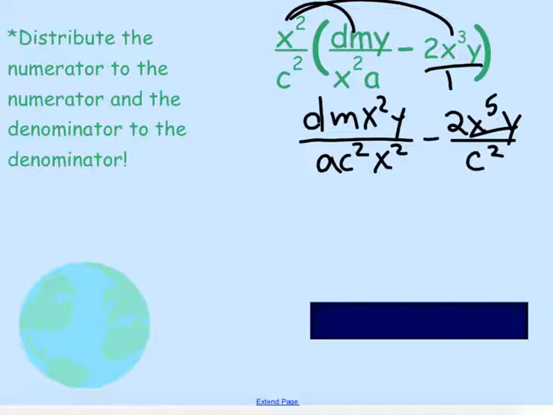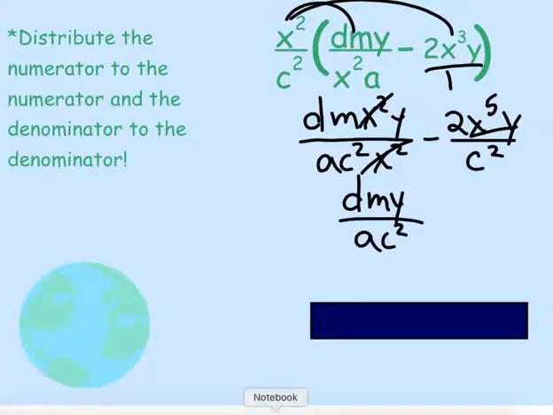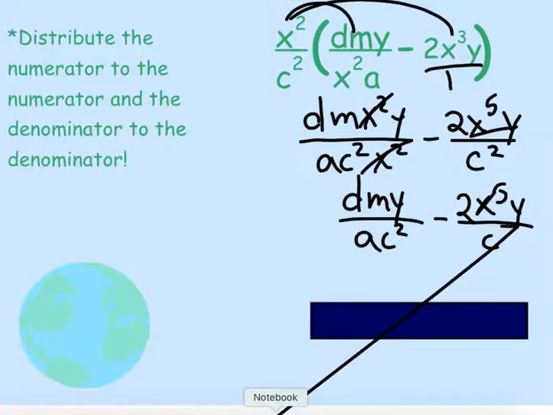That second term doesn't have anything I can simplify, but I can simplify my x squareds in the first one, and so I get d m y over a c squared minus 2x to the fifth y over c squared. And I have a couple of restrictions. I'll have to say that a cannot equal 0 and c cannot equal 0.